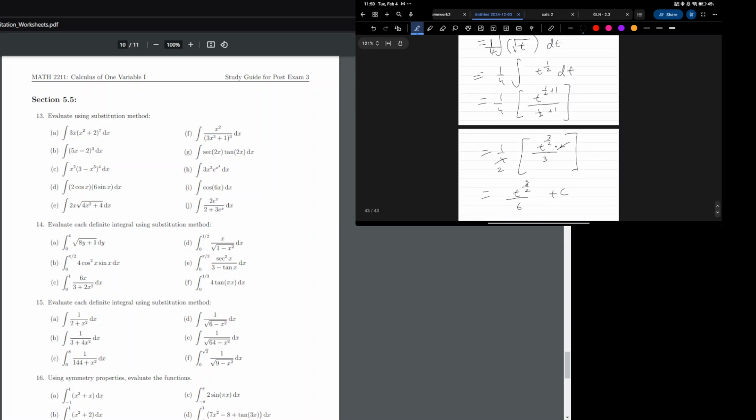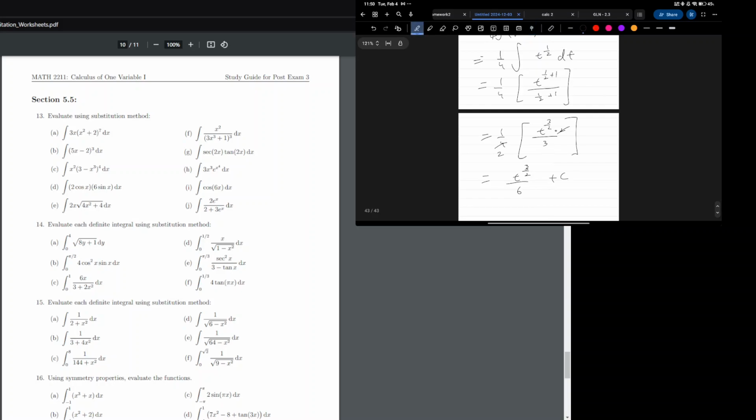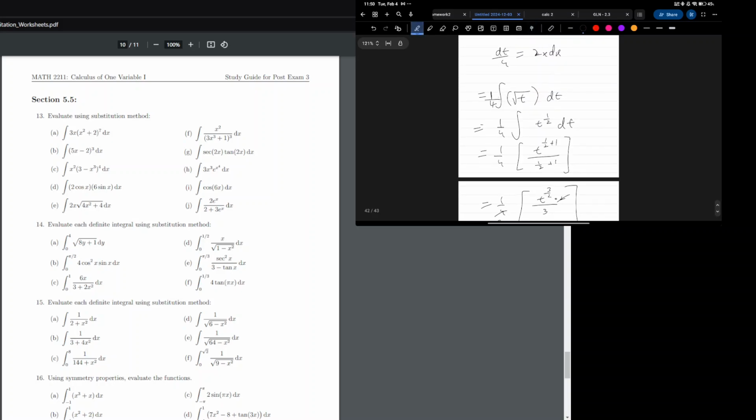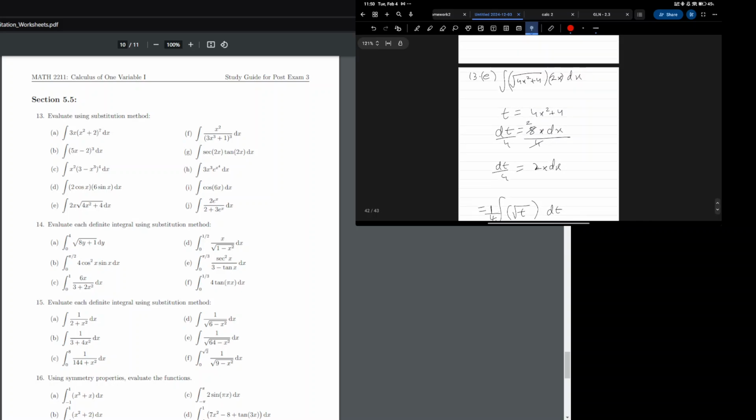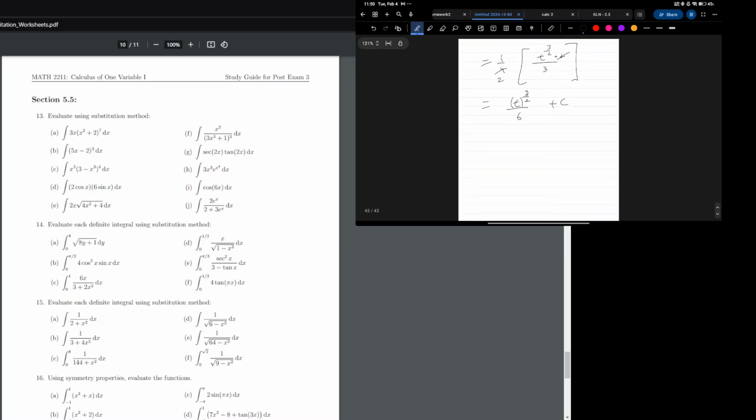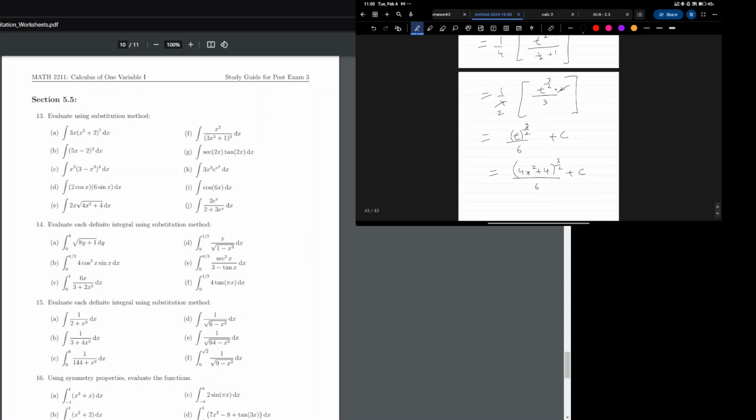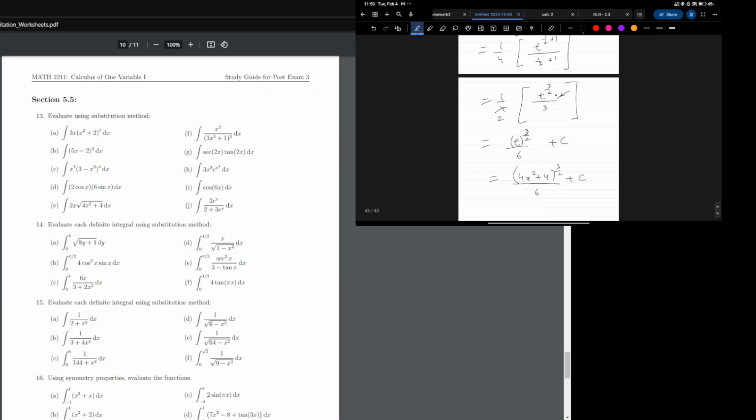All right, now this t over here, I took it originally as 4x squared plus 4. So I'm going to write it like that. It becomes 4x squared plus 4, 3 over 2 for 6, plus c. Did you understand that?